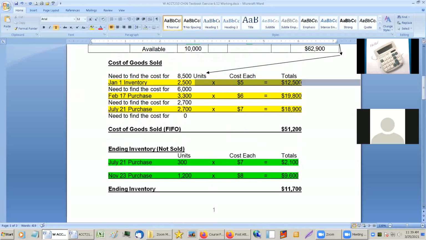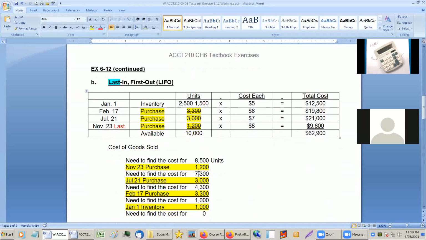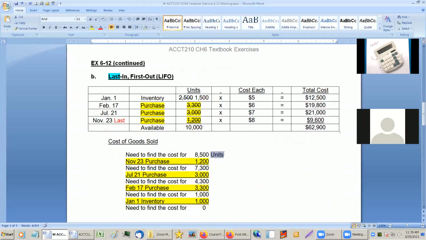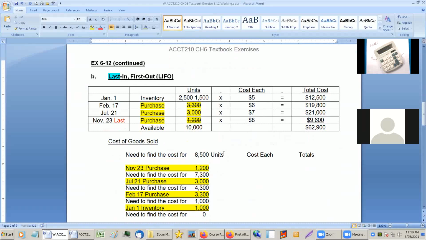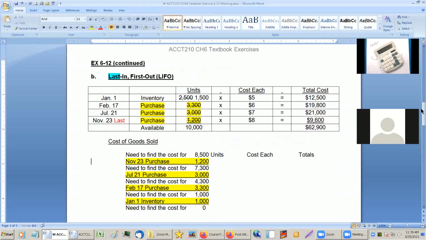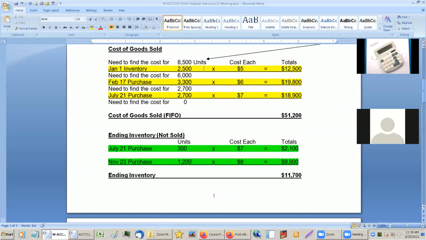I'm going to copy that. It does that. It goes all the way off the edge like that. It's weird.